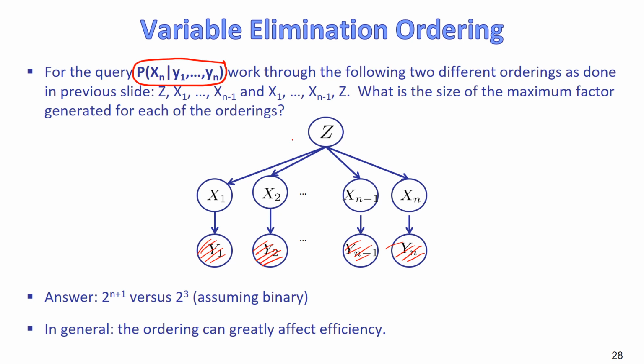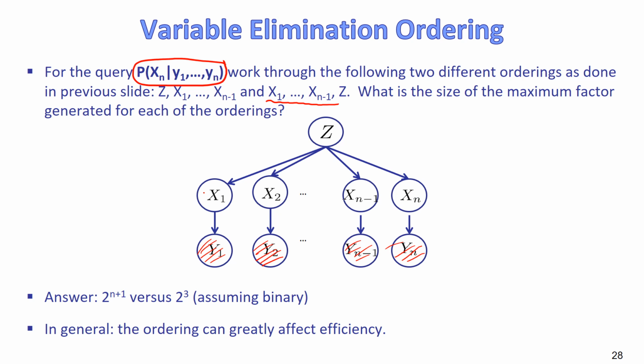Let's say I want to start with this order: eliminating x1, then eliminating x2 up to xn minus 1, then z. Of course, I don't want to eliminate xn because that's the query variable.